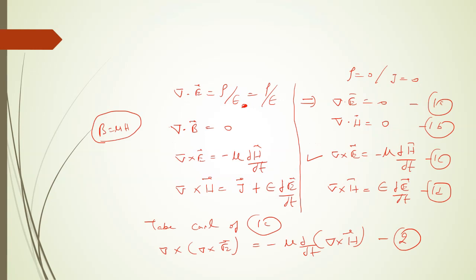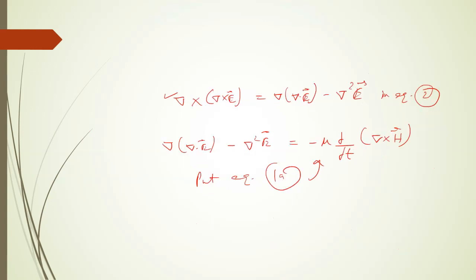Del dot E equals 0, so that term becomes 0. You are left with minus del square E equals minus mu d by dt del cross H.